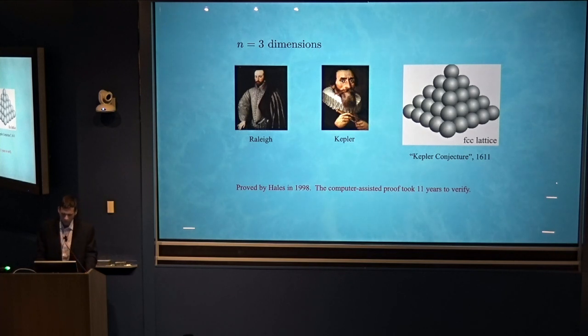Kepler was unable to prove it, but made the conjecture that the most efficient way of stacking a bunch of cannonballs was the face-centered cubic lattice, which is pictured here. This is known as the Kepler conjecture, and it was made a bit over 400 years ago.